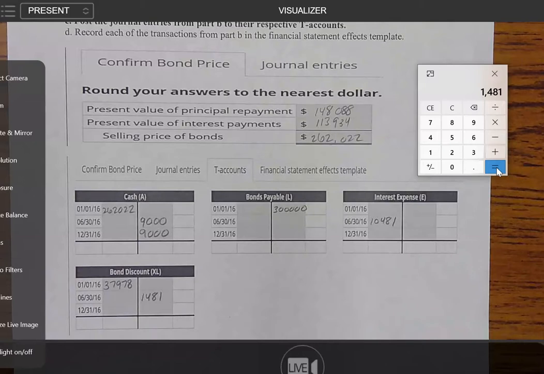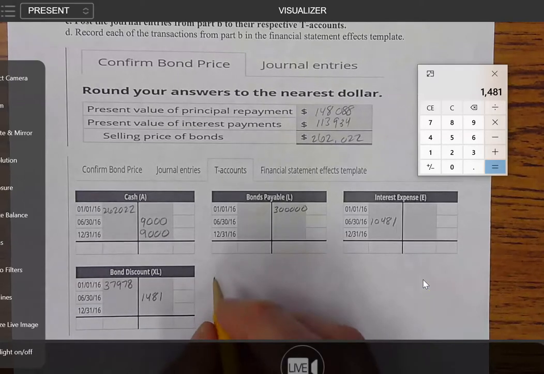All right, so that's not going to change. Again, we do not touch the bond payable, but we do touch interest expense. But before we can calculate interest expense, because it's not going to be 10,481 this time, we have to adjust our carrying amount.